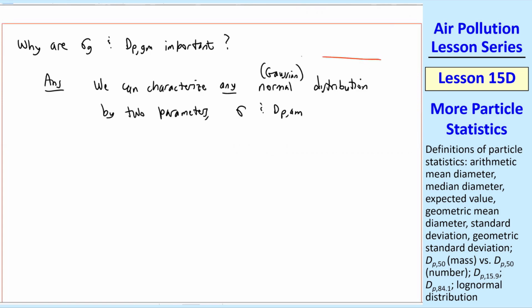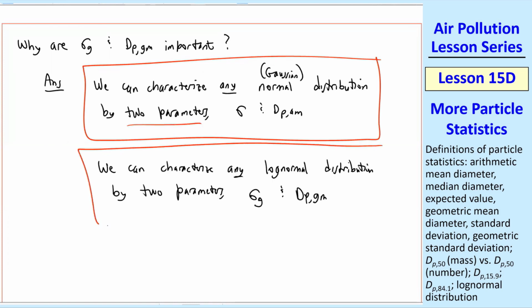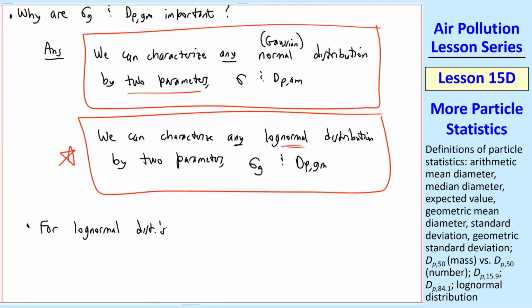You may recall from statistics class that we can characterize any normal or Gaussian distribution by 2 parameters, namely sigma and dpam. Well, it turns out that we can also characterize any log normal distribution by 2 parameters, sigma g and dpgm. It turns out also that for log normal distributions, dpgm is equal to dp50, which was our median particle diameter.